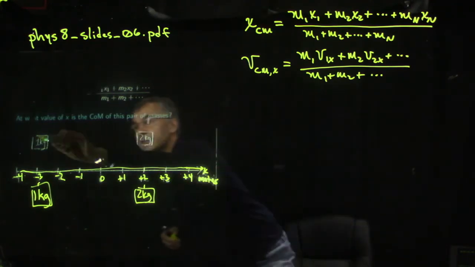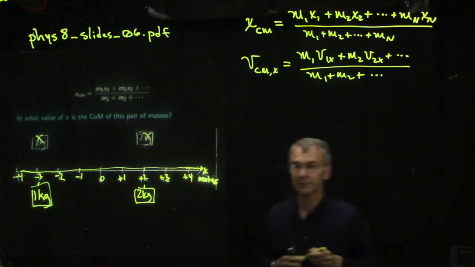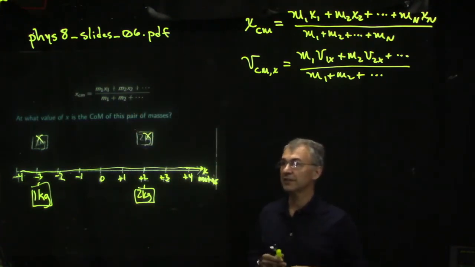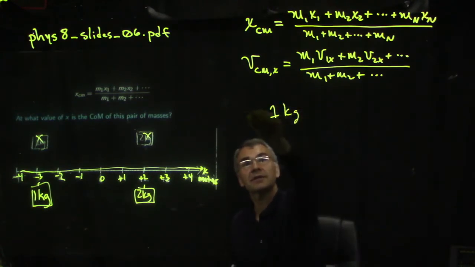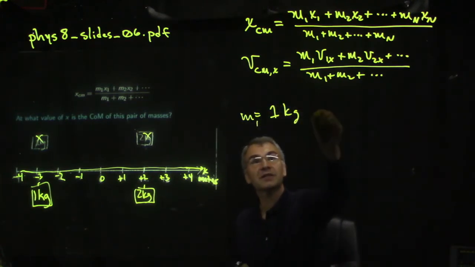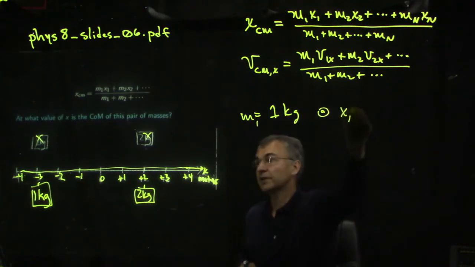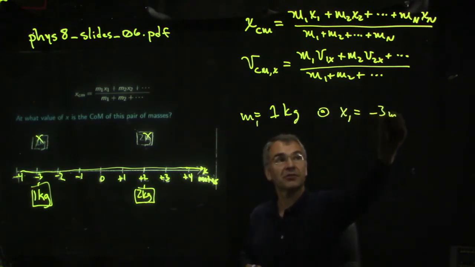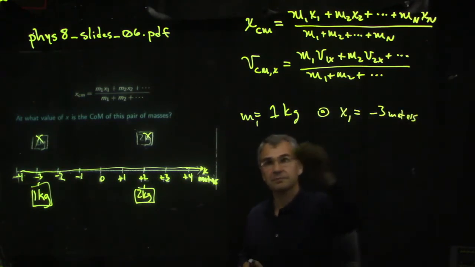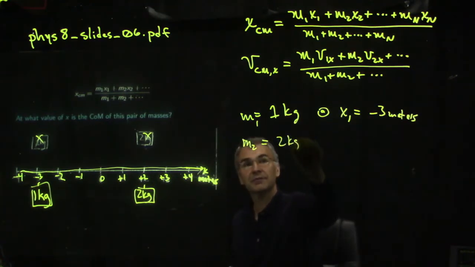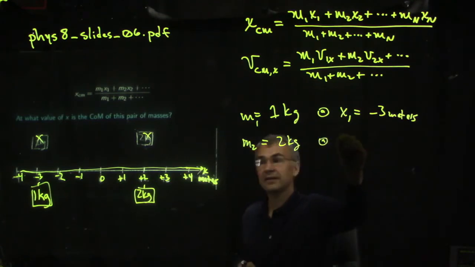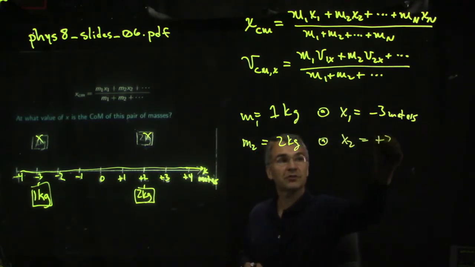So I just copied it down here. So we have m1 equals 1 kilogram at x1 equals minus 3 meters, and m2 equals 2 kilograms at x2 equals plus 2 meters.